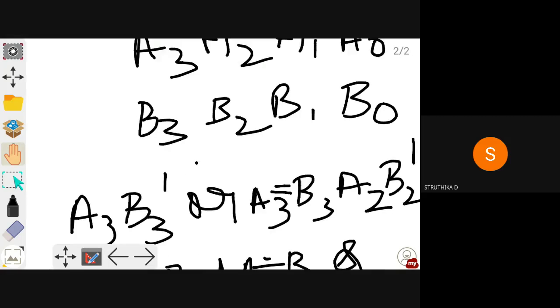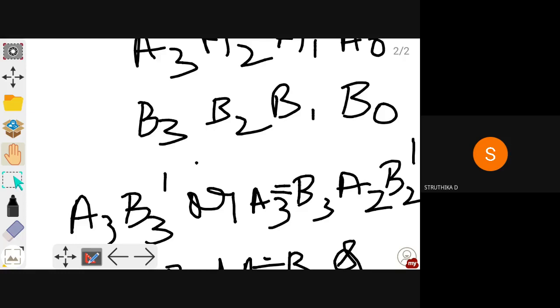So for A greater than B, first you are checking A3 and B3. So A3 should be 1 and B3 is 0. So that is the first case. Or in the second case, A3 is equal to B3, means you have to check A2 should be 1 and B2 should be 0. Or A3 is equal to B3, A2 is equal to B2, then you have to check the condition A1 should be 1 and B1 should be 0.